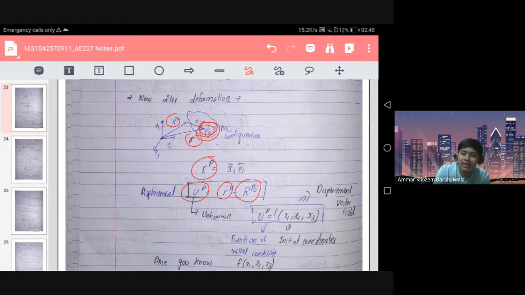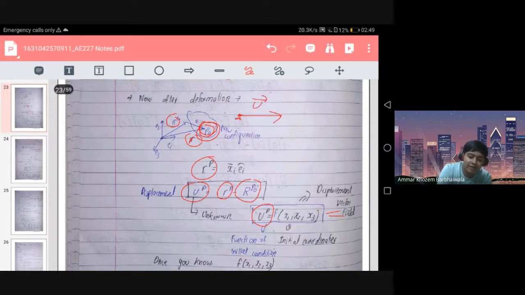We don't know what u_p is at every point. Our goal is to find that u_p at every point. So I assume that u is a vector field, the displacement vector field. At each and every point, I have this vector field u, which is the displacement vector field.